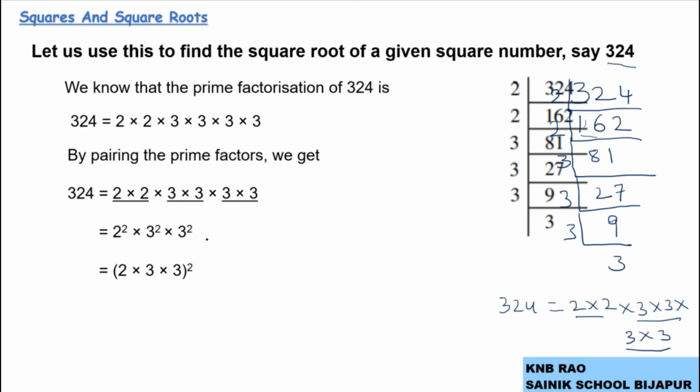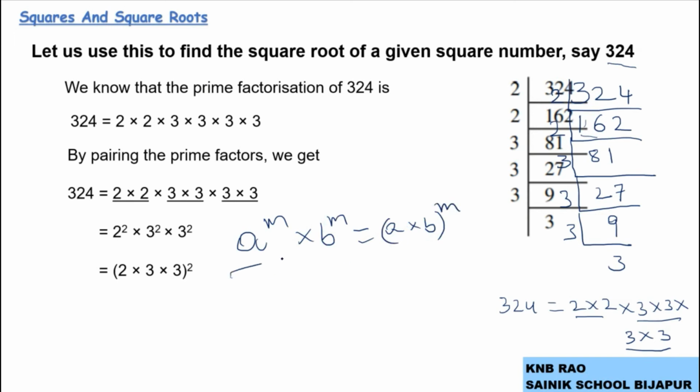You will be learning one sort of identity in later classes. In the 8th standard, you will be learning that identity, and I hope that you have learned it even in 7th: a power m into b power m is a into b whole power m.